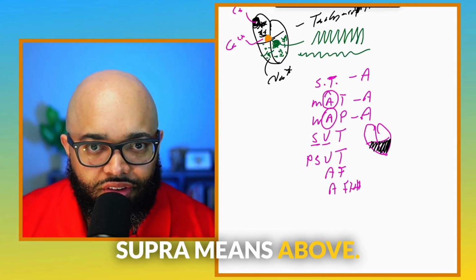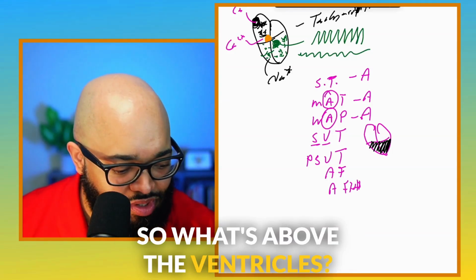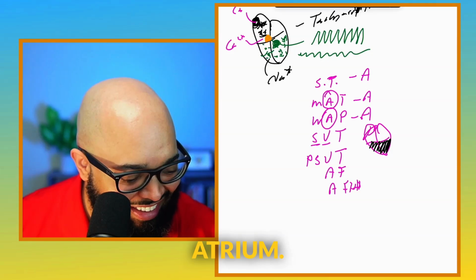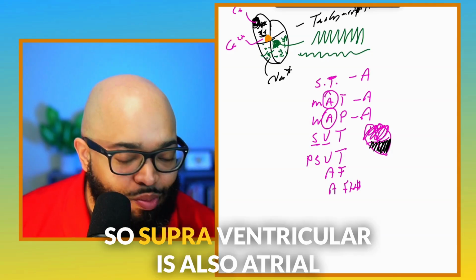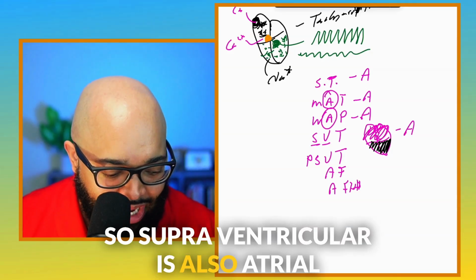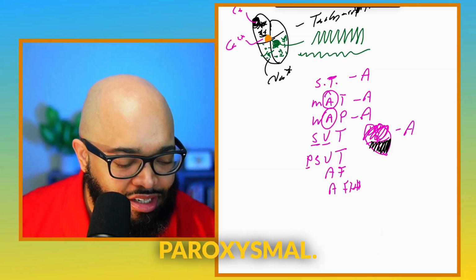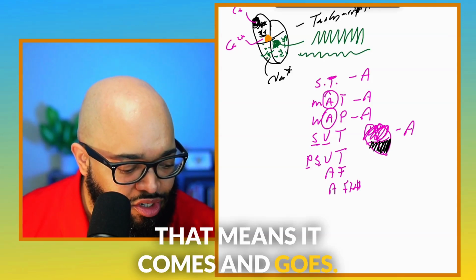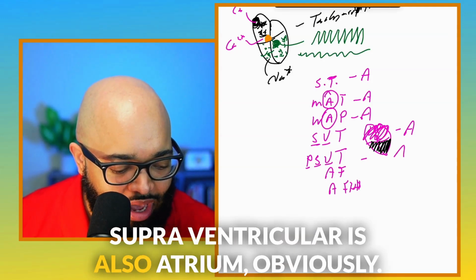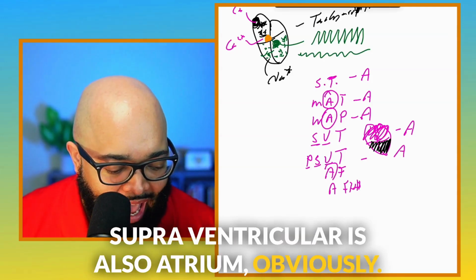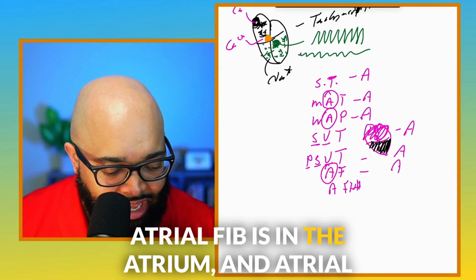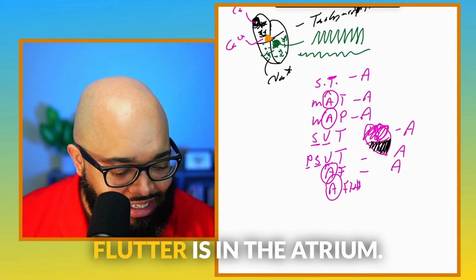Supra means above. So what's above the ventricles? That is atrium. So supraventricular is also atrial. Paroxysmal means it comes and goes. Obviously, atrial fib is in the atrium, and atrial flutter is in the atrium.